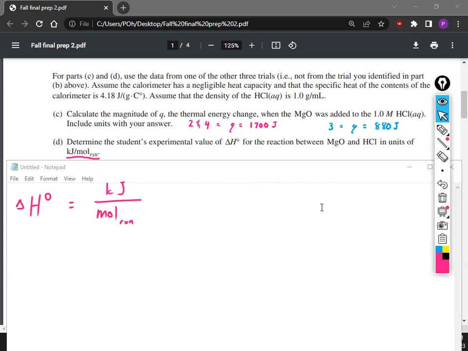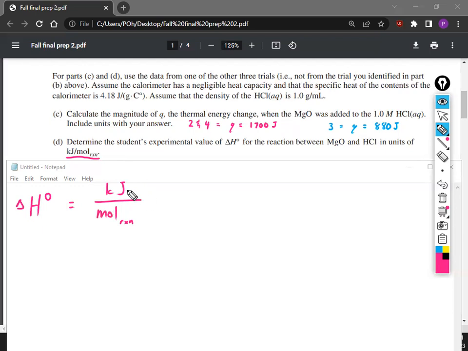Yeah, these moles. Okay, so if we take a look at kilojoules, since we're looking for kilojoules, what do you guys think we should plug in? If you're looking for kilojoules, what type of variable should we plug in?